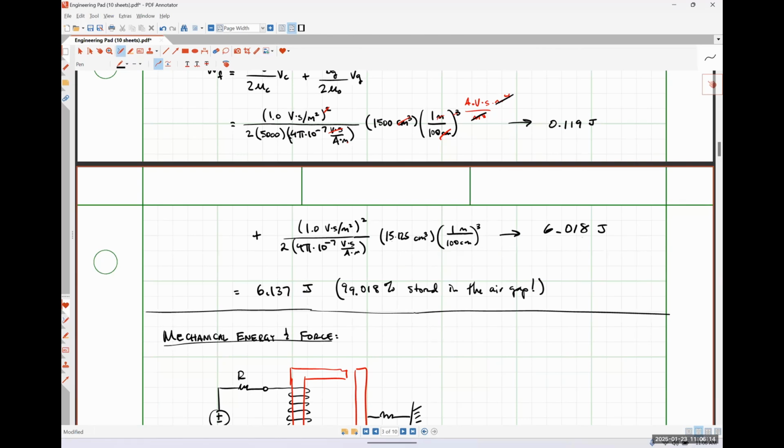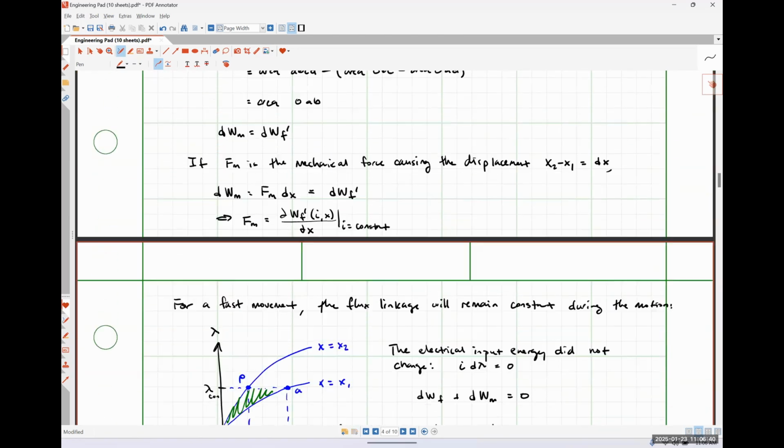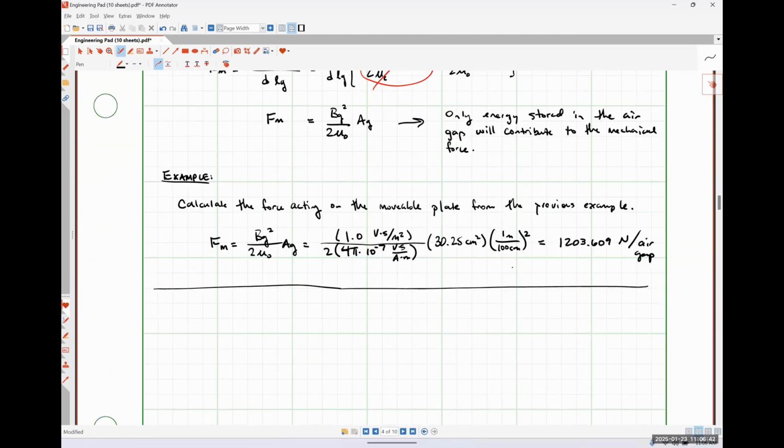And for what it's worth, 6.018 over 6.137 comes out to be 98.06%. So still overwhelmingly, the energy stored in that system is due to the air gap. Okay, all right, my apologies for that mistake.